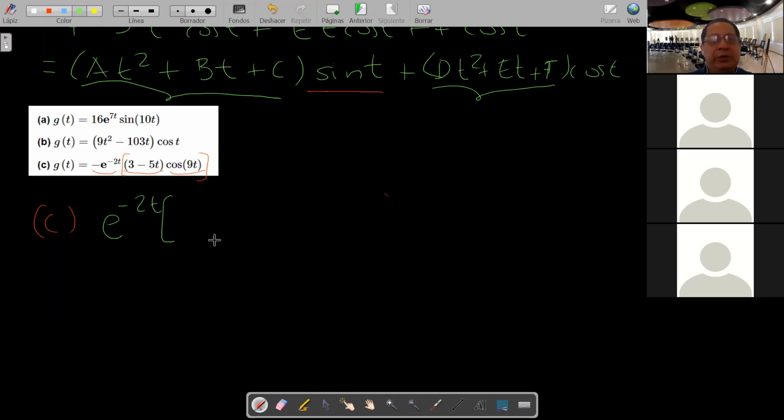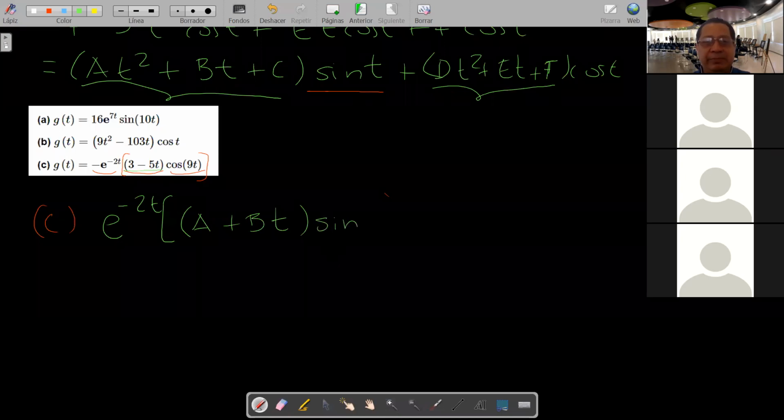polynomial. So we apply what we have developed in the previous example, and that will be a first order polynomial, because this polynomial is first order, times sine, plus another first order polynomial.